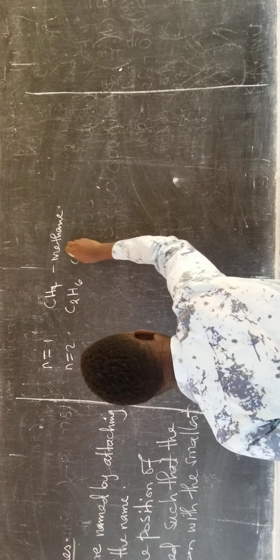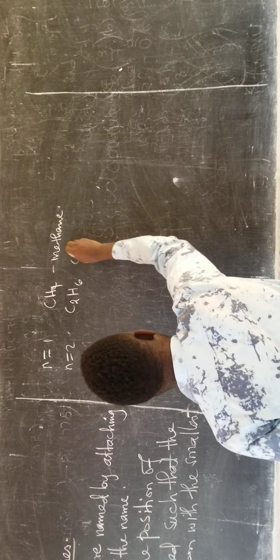When n is equal to 4, that is C4H10, and that is going to be CH3, CH2, CH2, CH3. That is butane. When n is equal to 5, C5H12.